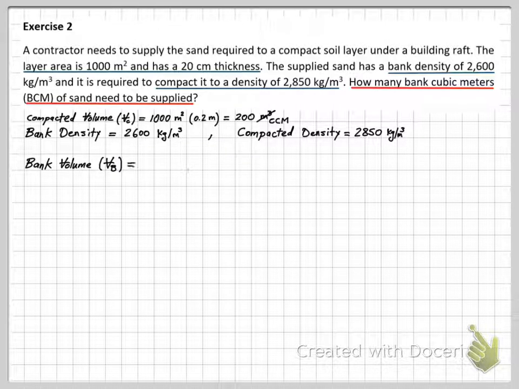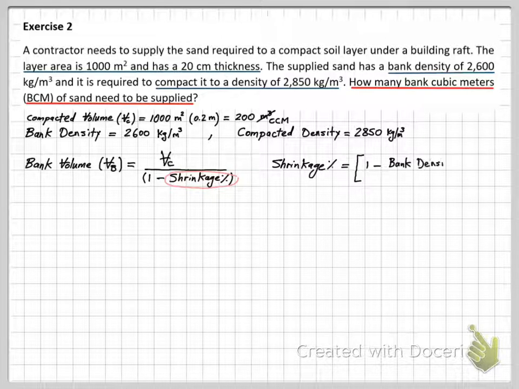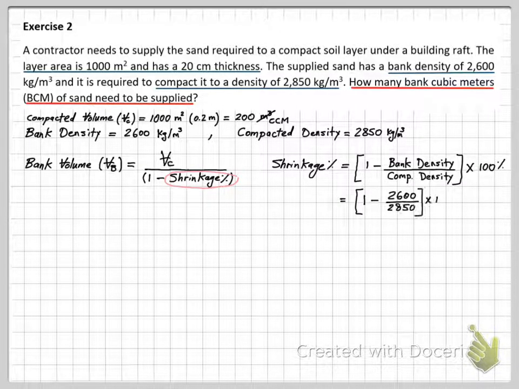So the bank volume, we can relate it to the compacted volume by the shrinkage percentage. The shrinkage percentage can be calculated using the densities given to us, the bank density and compacted density, using this formula here. Just plug in the values and you end up with 8.77% shrinkage percentage.